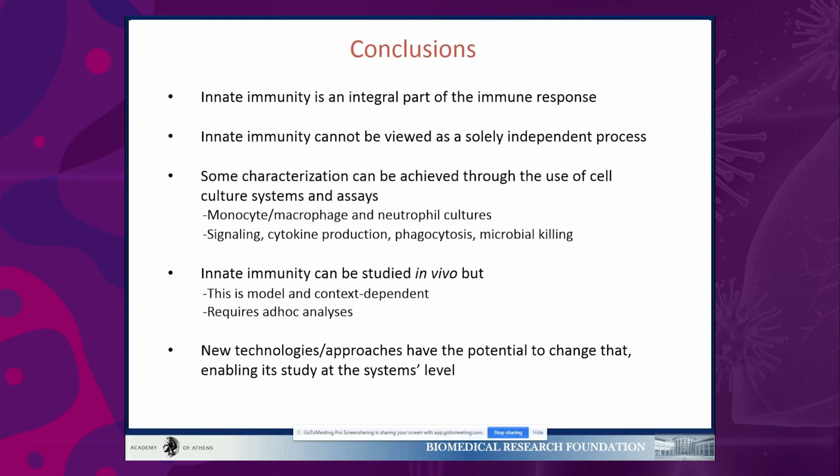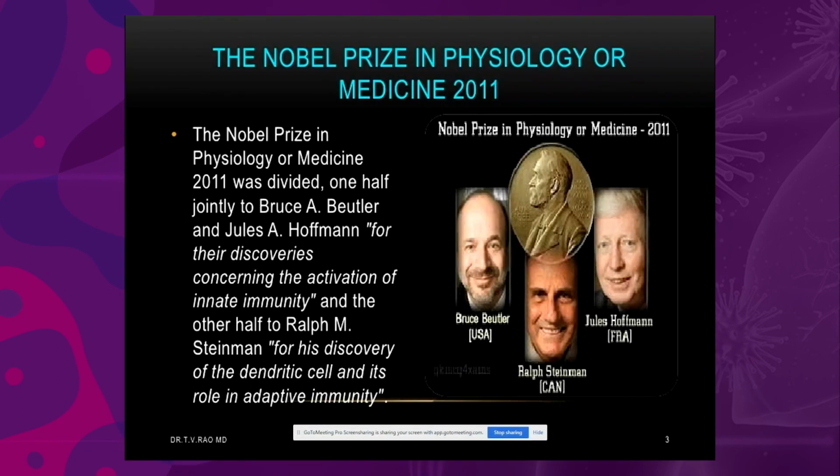And I'm going to finish by reminding you that the Nobel Prize in Medicine in 2011 was given for the recognition of pattern recognition receptors: to Jules Hoffmann for the Toll discovery in Drosophila, and Bruce Beutler for the LPS TLR4 discovery in mammals. It was not given just for innate immunity, but also for the discovery of dendritic cells to Ralph Steinman.